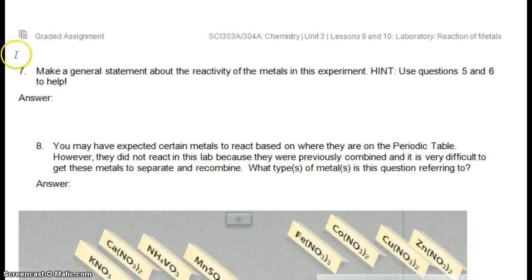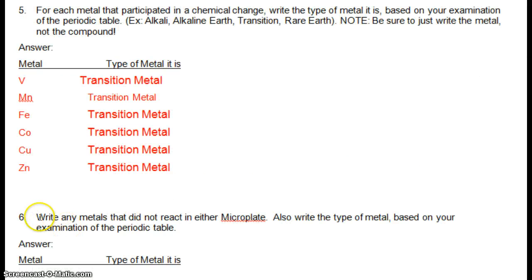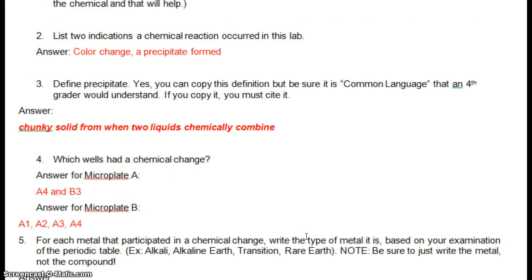Well, they all reacted, so we would say something like transition metals are very reactive. All right, so now it says question 6. Okay, so we have to do question 6. It says write any metals that did not react. Also write the type of metal based on your examination of the periodic table.